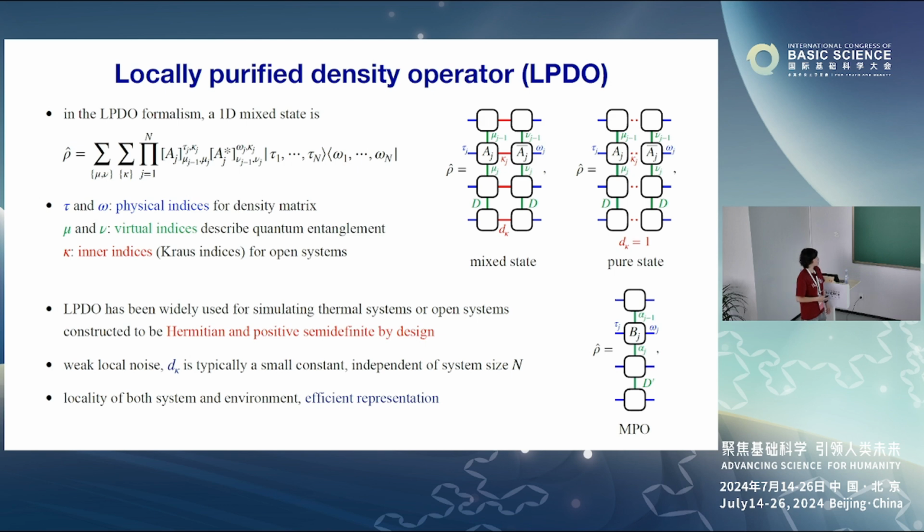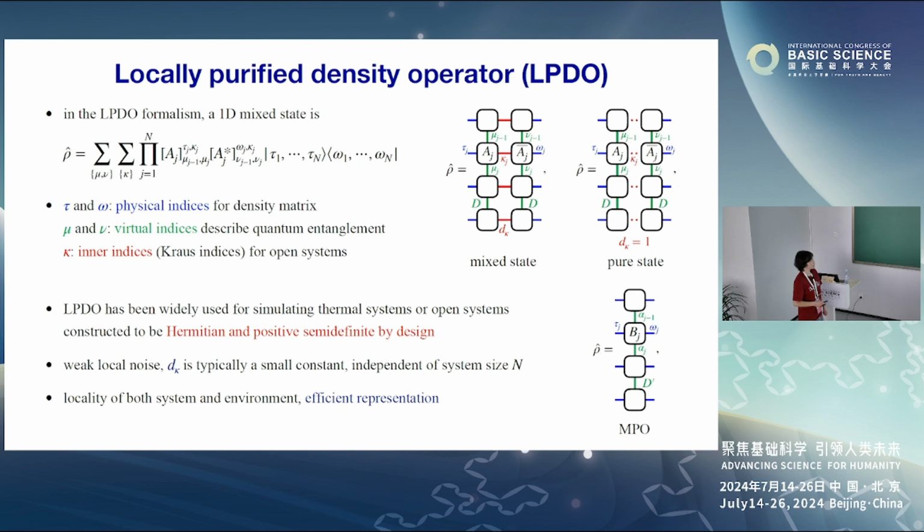This LPDO structure has been readily used to simulate thermal systems and open systems. The good thing about this structure is that it is Hermitian and positive semi-definite by design.